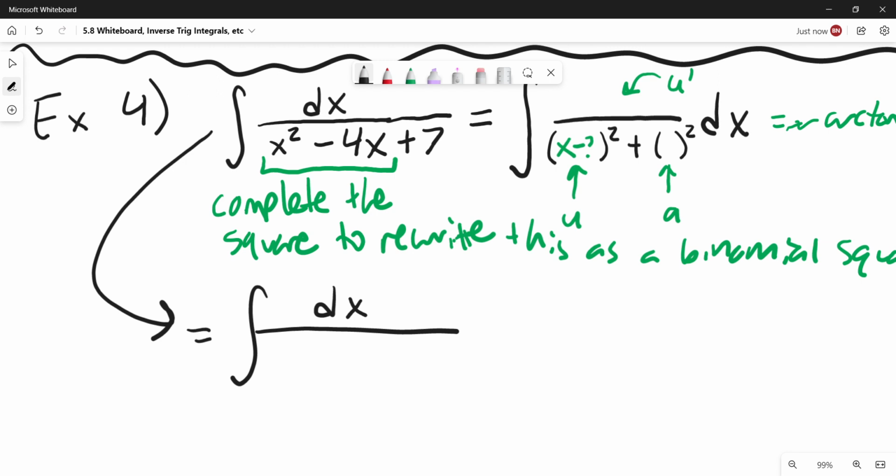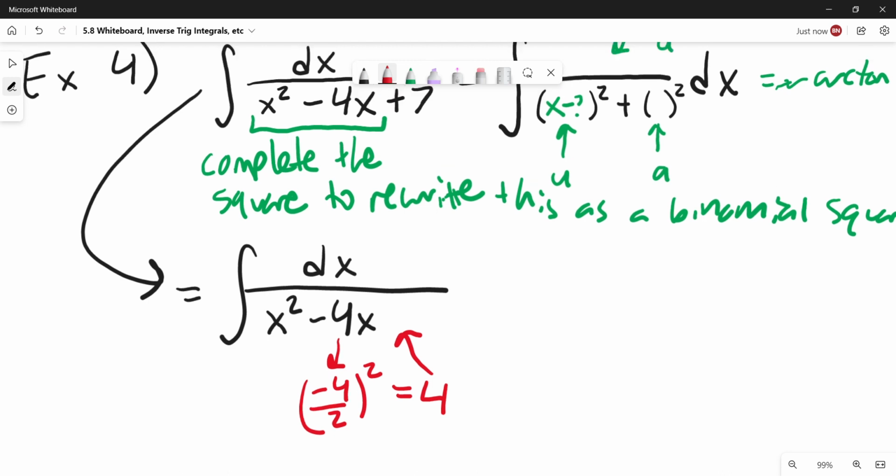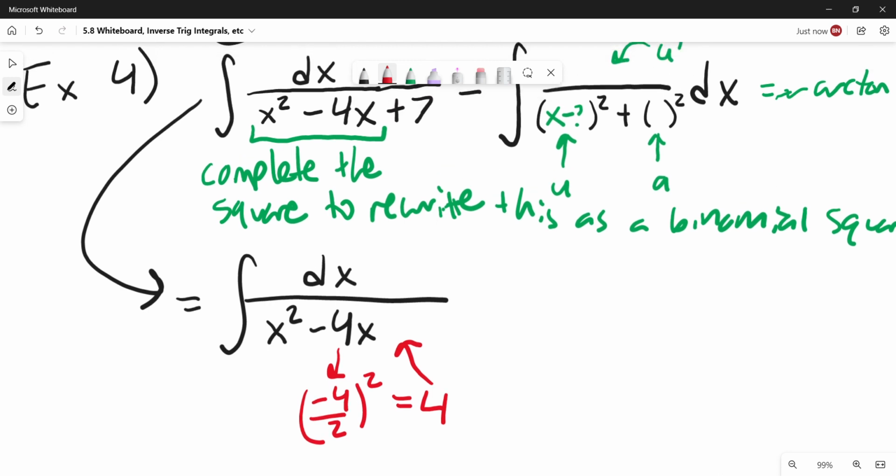All right, how do you complete the square? Remember, take half the middle term, square it. So what we really need here, x squared minus 4x, again, to complete the square, you take the middle term, take half of it and square it. So negative 2 squared is positive 4. So we need a positive 4 here, right? But we can't change the value of the denominator.